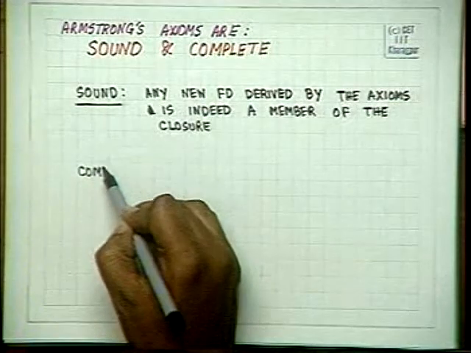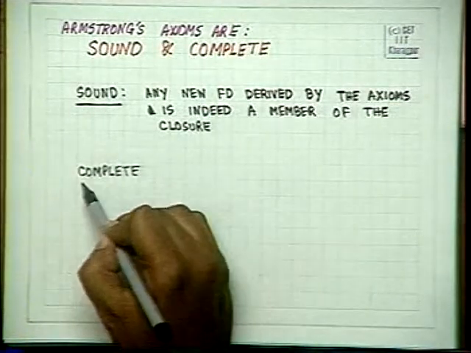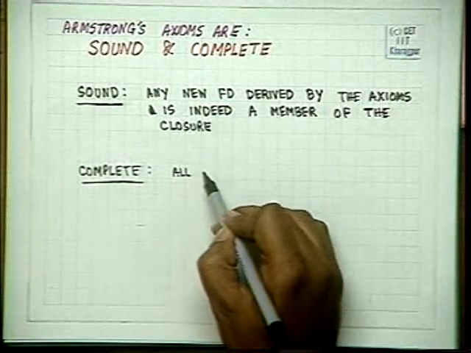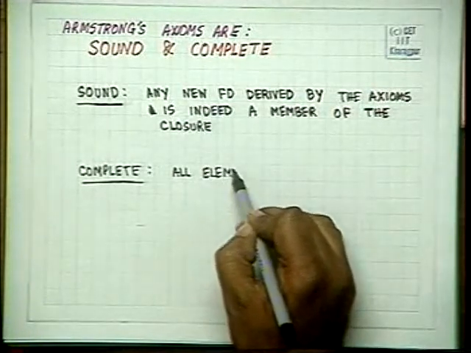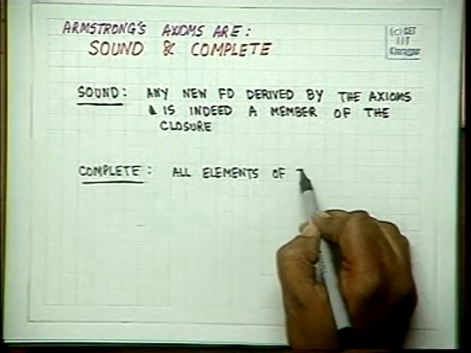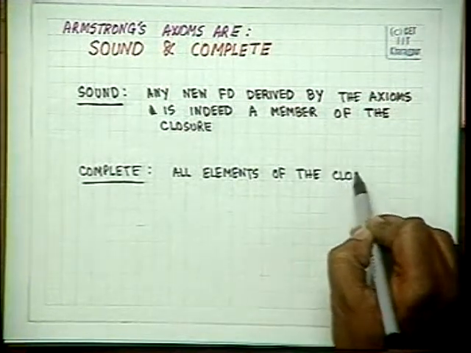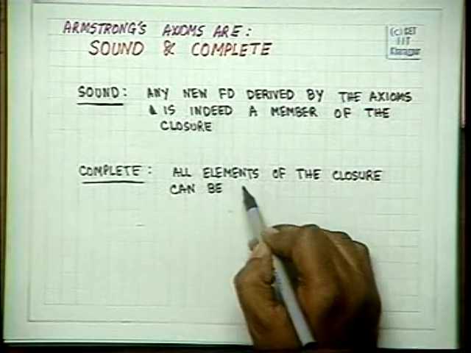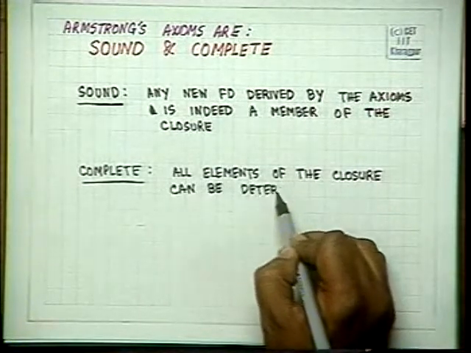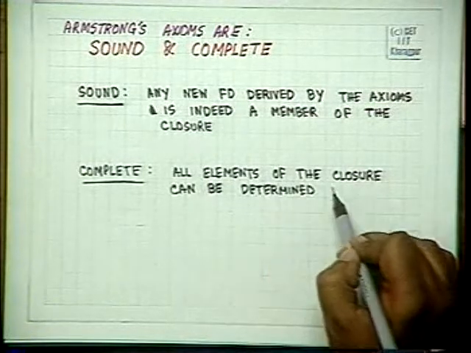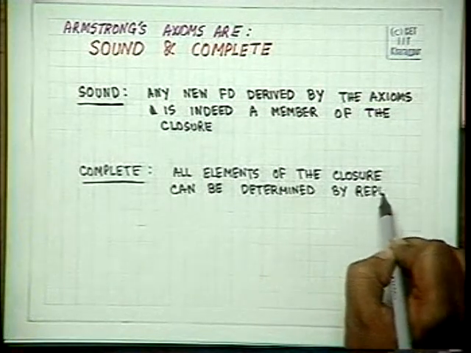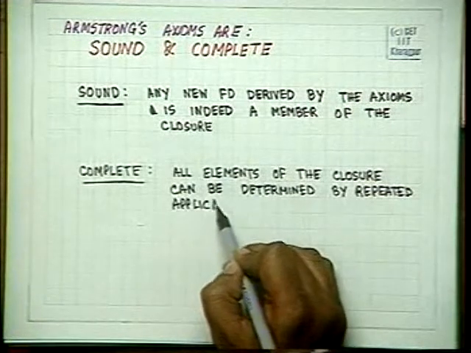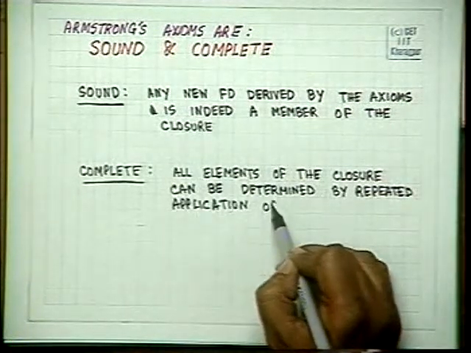The more important proof was that all elements of the closure can be determined by repeated application of the axioms.